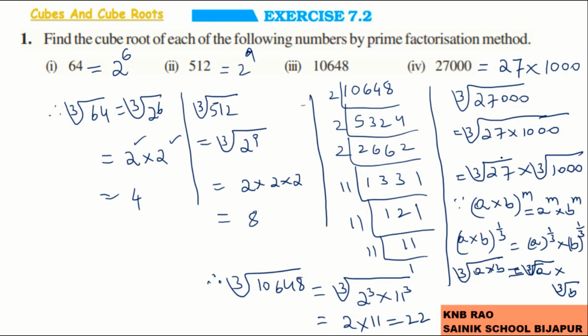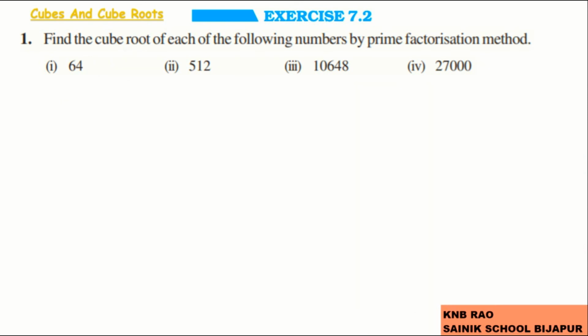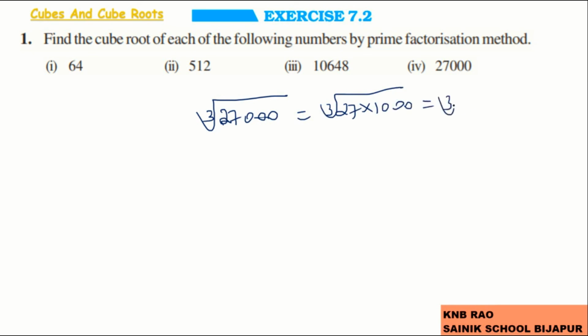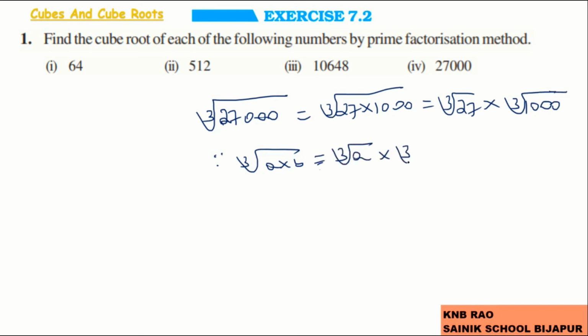Okay, let me take it on the page. Here you have seen the cube root of 27,000, which is split into the cube root of 27 into 1000. Further, the cube root of 27 into the cube root of 1000, since the cube root of a into b can be written as the cube root of a into the cube root of b.